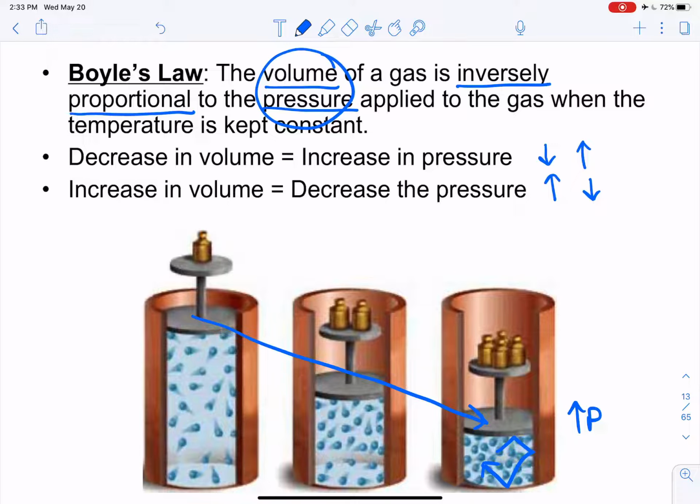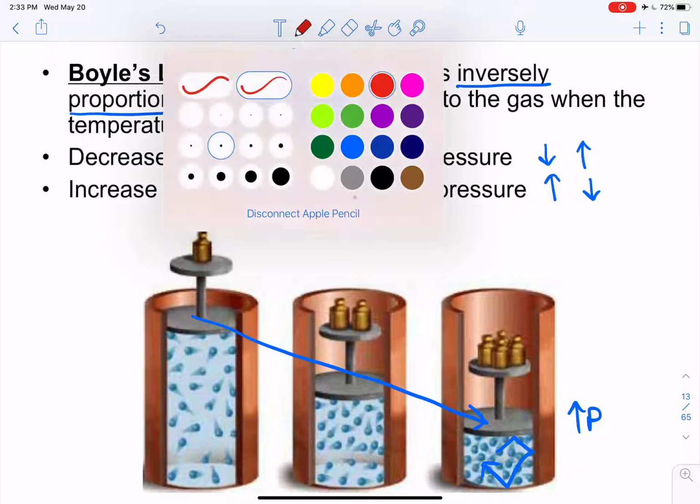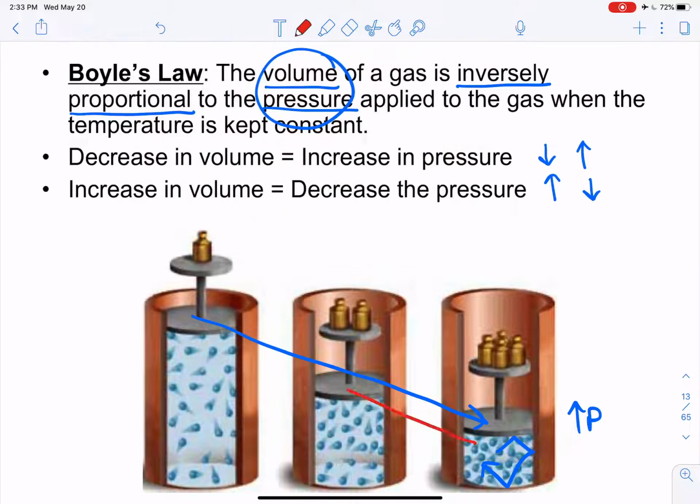Pressure. All right, when you increase the volume, so you give your gas a whole lot more space, and the molecules can spread out, they don't hit the side of the container as often because they have a lot of room. So it takes them a long time to hit some other gas molecule or hit the side of the container.